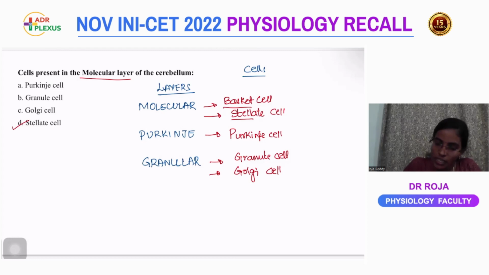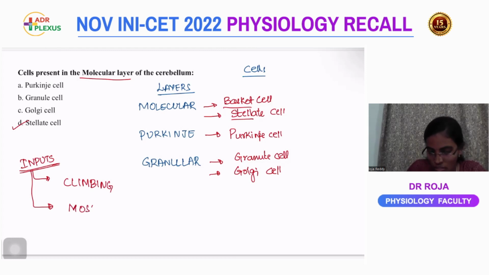Okay, now these are the layers and the cells, right? Now if you try to look at the inputs to the cerebellum, okay, there are majorly 2 inputs, or inputs from the 2 types of fibers, right? One is the climbing fibers and the other is the mossy fibers.